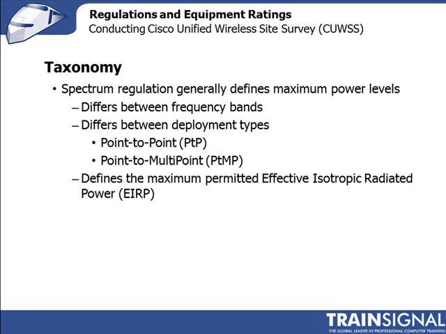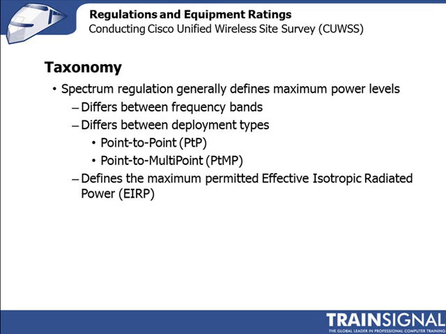Very different from the licensed band. For instance, if you had a cellular spectrum license, one of those big towers can go all the way up to 40 watts. Whereas down here in the unlicensed band, we're going to be down at the sub 100 milliwatts.